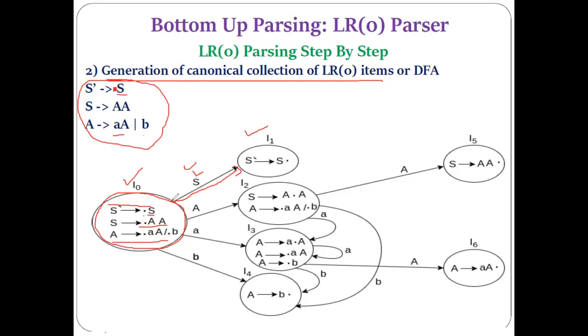So we go from this state to another state on the non-terminal S, and we move the dot from the left of S to the right, and we get this state, I1. Here we have got S' derives S dot. Now after the dot there is nothing, so this is considered a final item. But this is the final item which we got using which kind of grammar? Augmented grammar.